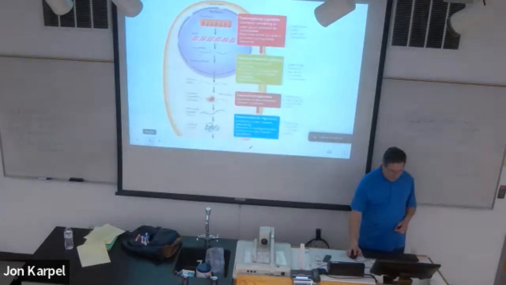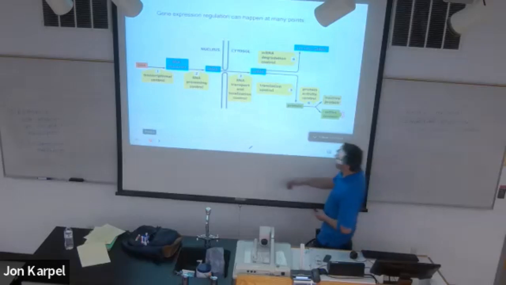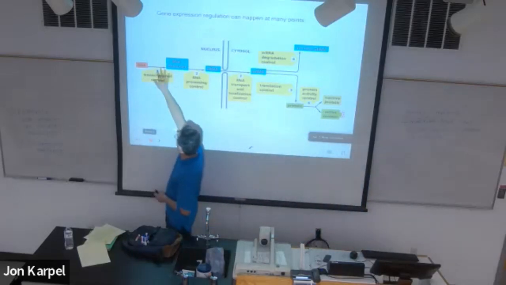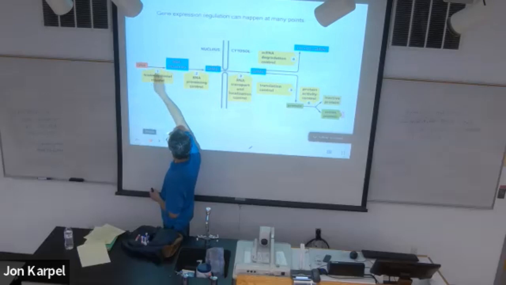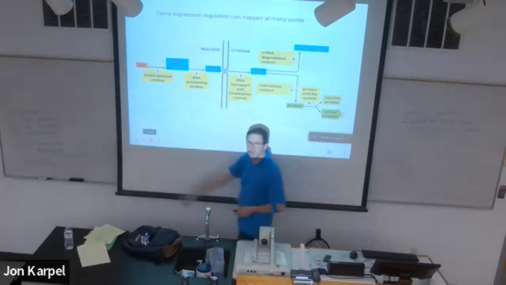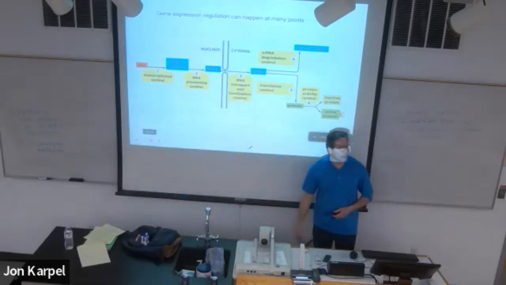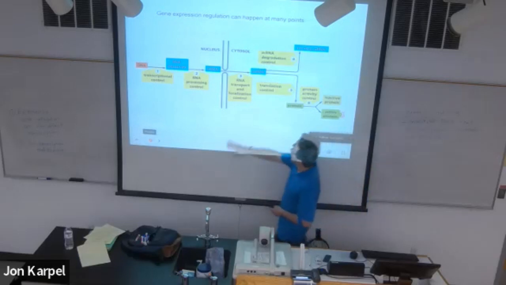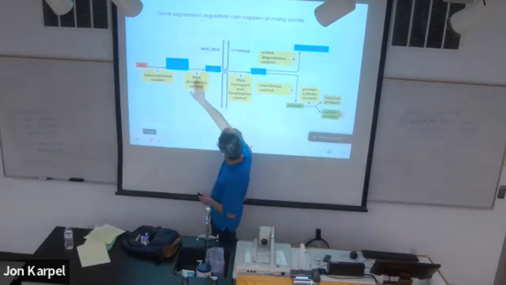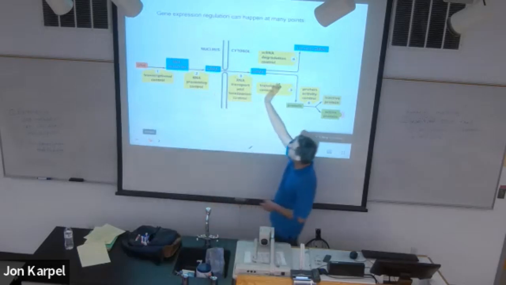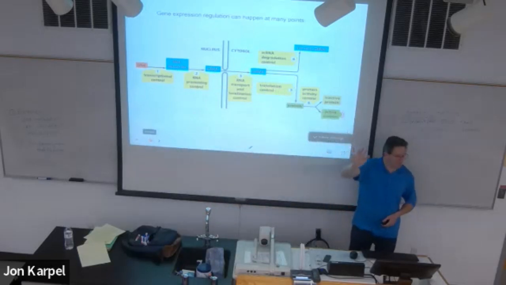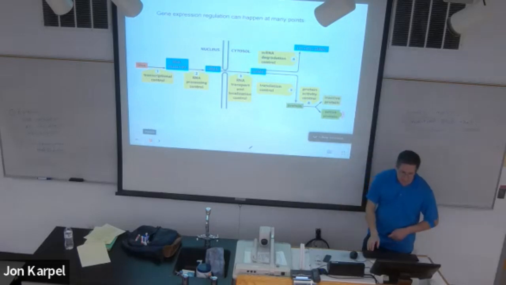So we've been talking all about transcriptional control. So even before we get the RNA, a lot of steps in there for both prokaryotes and eukaryotes. Now we want to look at processing. Just because you get an RNA doesn't mean you're going to get protein from it. That's one mistake I made as a grad student, making that assumption.